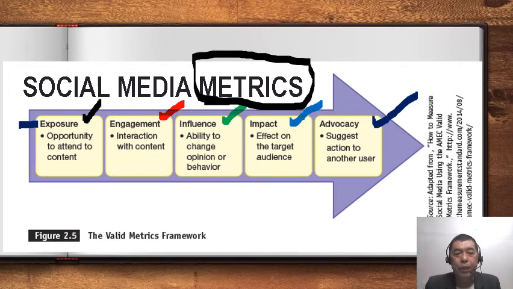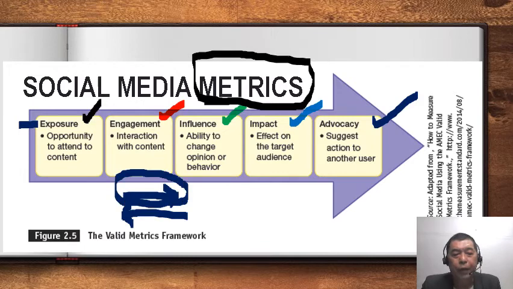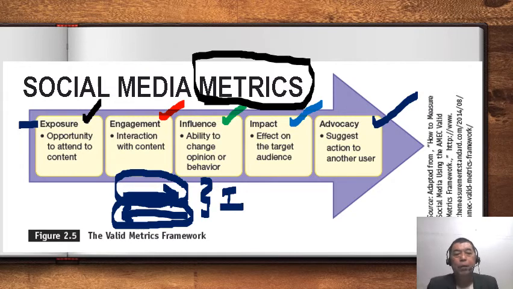And engagement is the interaction of the visitors or your consumers with your content. They have to interact. It's a two-way communication. After processing and encoding the content, they have to provide feedback, or what we call interaction. And then another metric is influence, persuade, no?